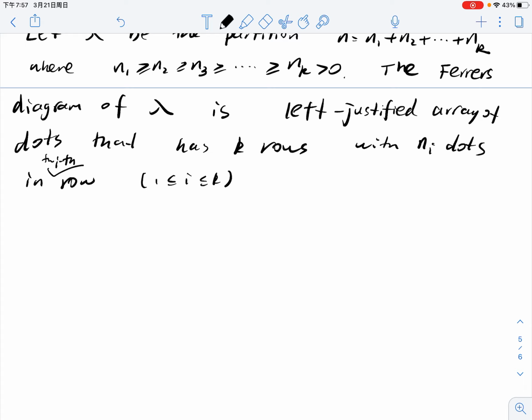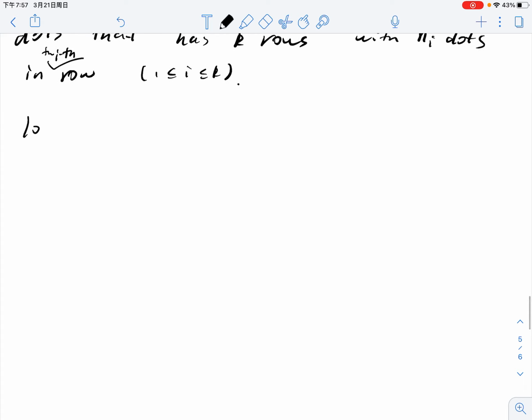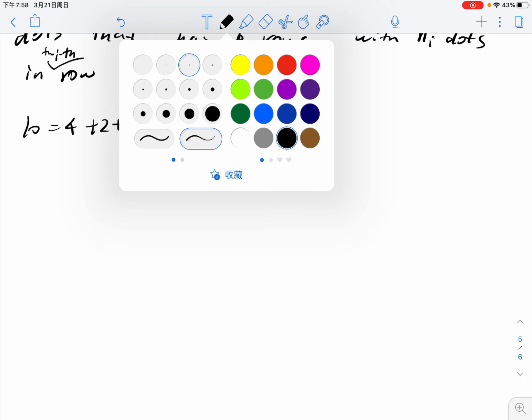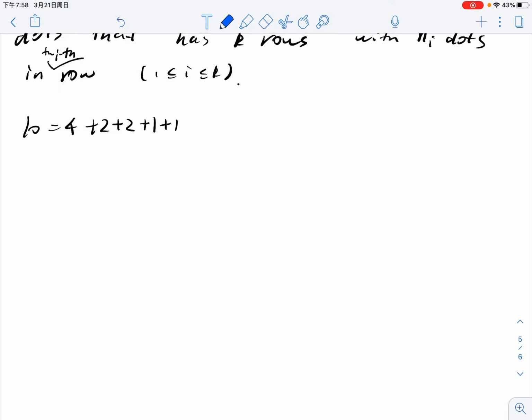Let's look at one example. Probably one example is good enough to illustrate everything. Suppose you have 10 equals 4 plus 2 plus 2 plus 1 plus 1. In the first row you put 4 dots, and in the second row you put 2 dots, such that the first dots are in the same column.